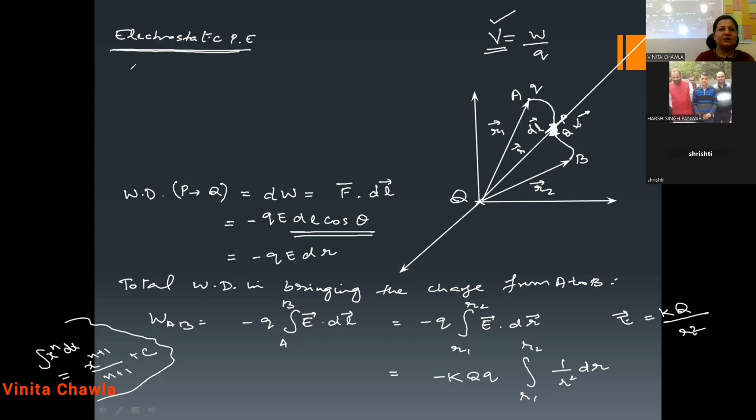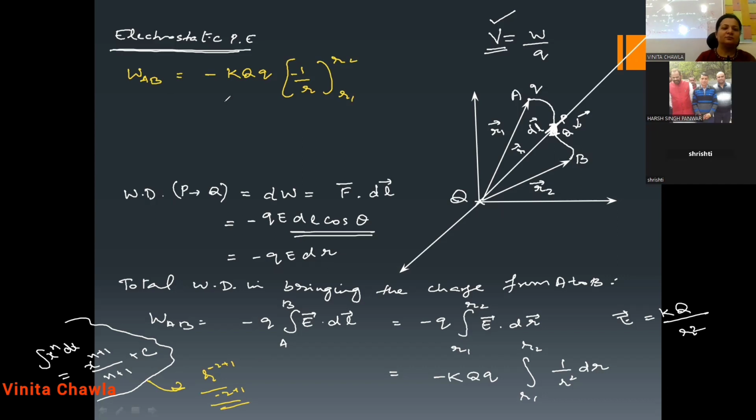Okay, so this work done in moving the charge from A to B is minus KQQ. हाँ जी बताओ भाई, 1 upon R square है R की power minus 2, plus 1 upon minus 2 plus 1. What will you get? Minus 1 by R. Using this formula you'll get this. Now put the limits, write the limits R1 to R2.